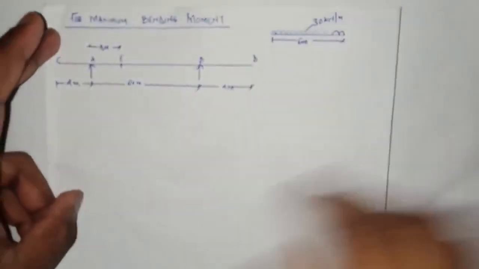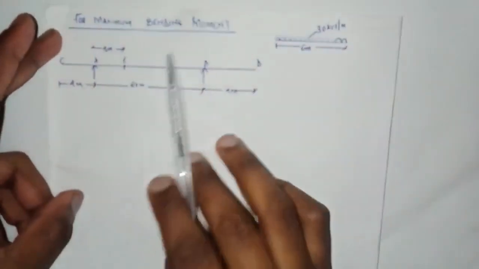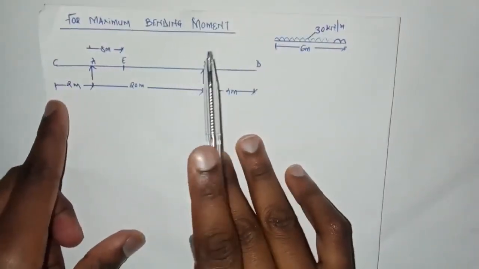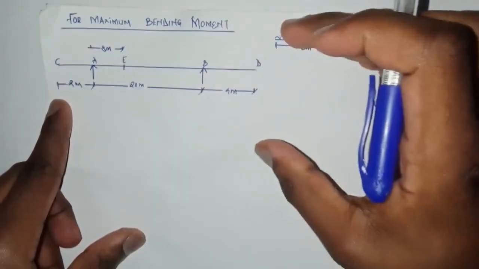For our maximum bending moment, we are going to redraw again so that we're able to calculate afresh.